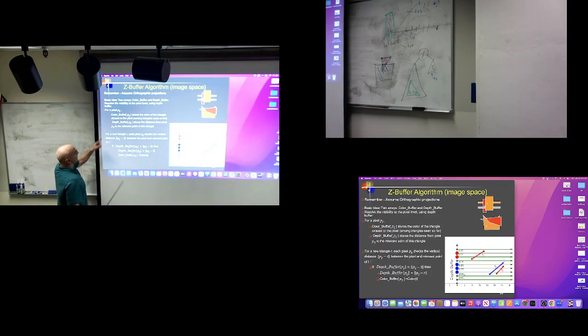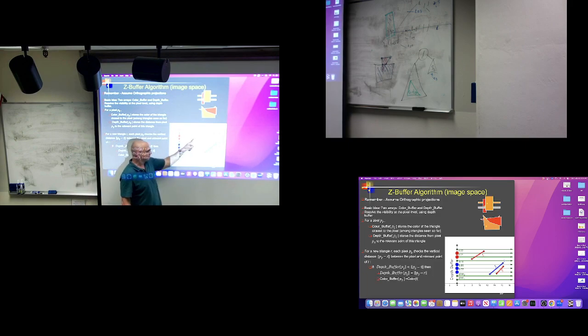One will be the color buffer, which says every pixel needs to store its current color. The next one will be the depth buffer. And I remind you what we discussed last meeting: the depth of a point is the distance from the pixel in the image plane until this point.